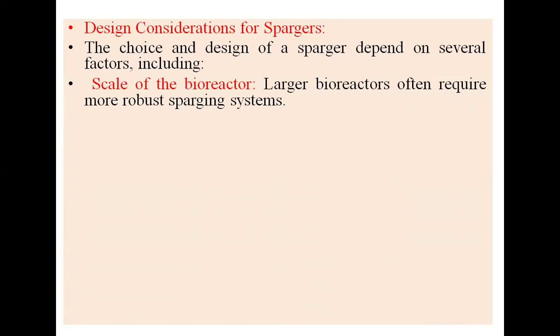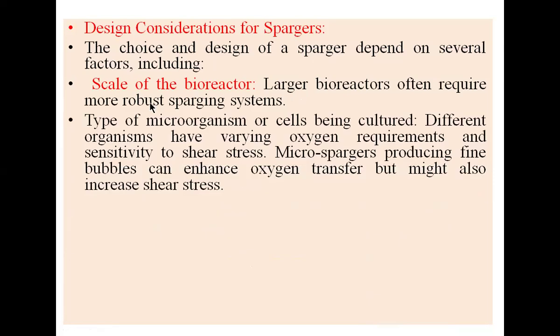Now let us understand about design considerations for spargers. The choice and design of a sparger depend on several factors, including the scale of the bioreactor. Larger bioreactors often require a more robust sparging system to obtain a very good yield and product. Type of microorganisms or cells being cultured. Apart from the scale up of the bioreactor, this also depends upon what kind of microorganisms are used.